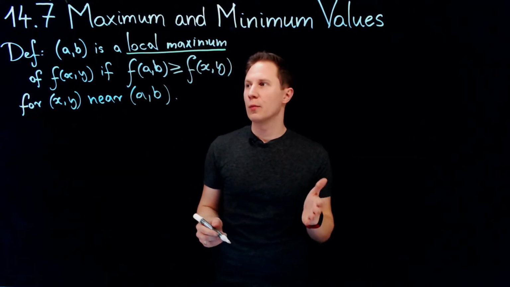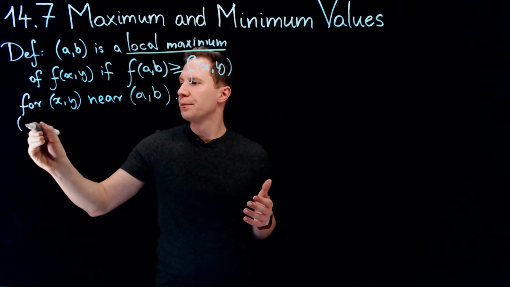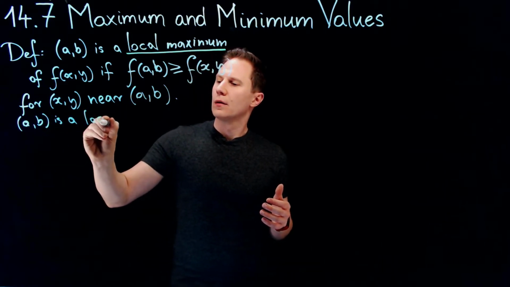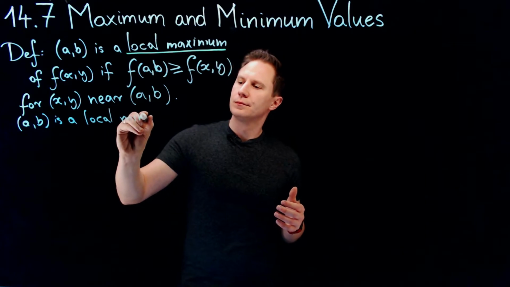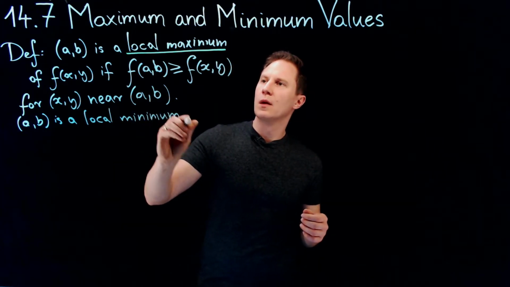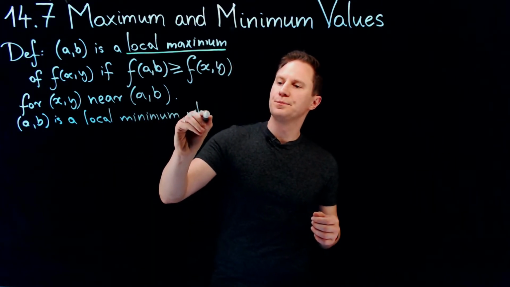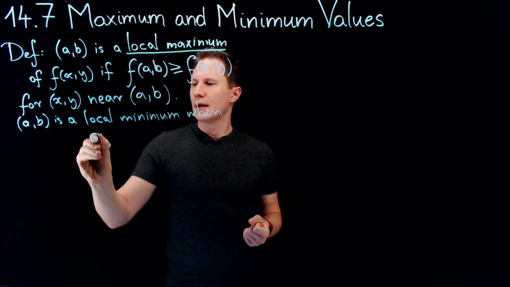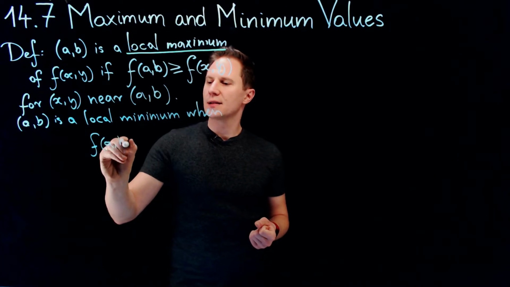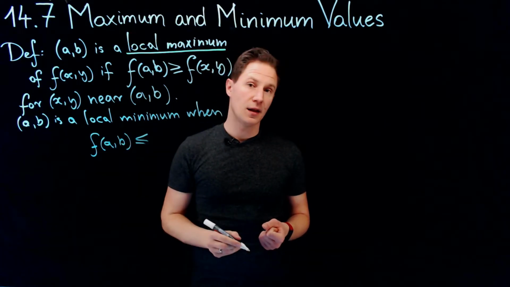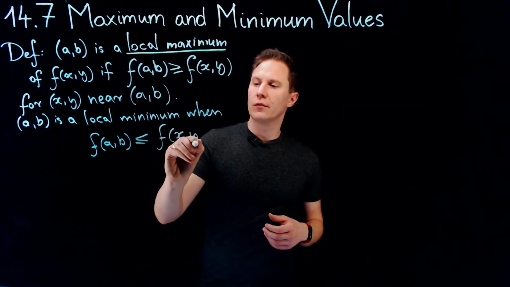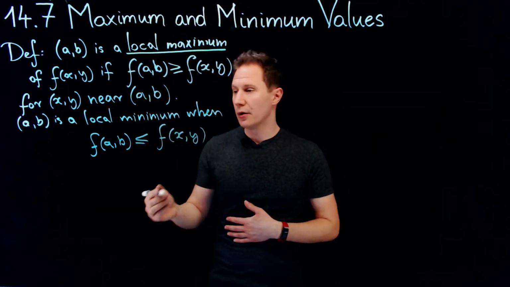Similarly, we can talk about a local minimum, when this value the function takes at (a, b) is less than or equal to the values of the function near that point.